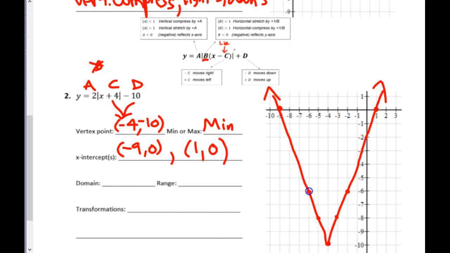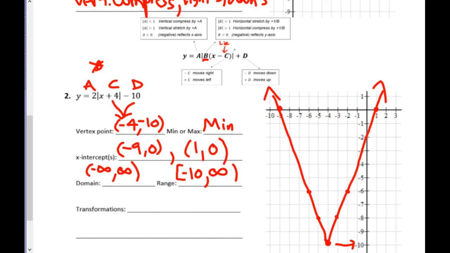Which one? Way over here? Negative 9, 0. All the way over here to 1, 0. Now, domain is always negative infinity to positive infinity. How far down does this go, though? This is negative 10 with a bracket all the way up to forever, so infinity.